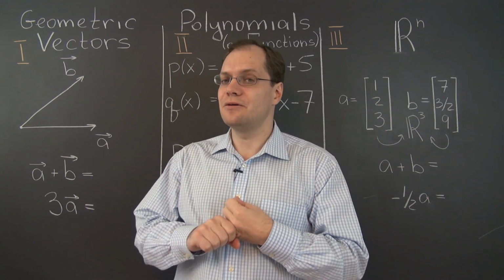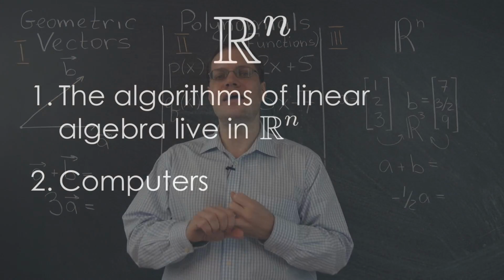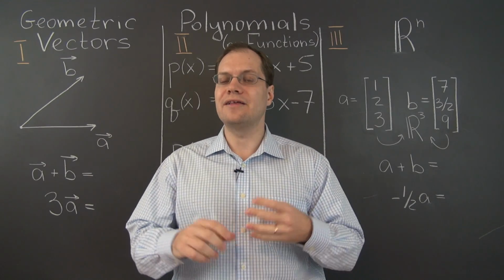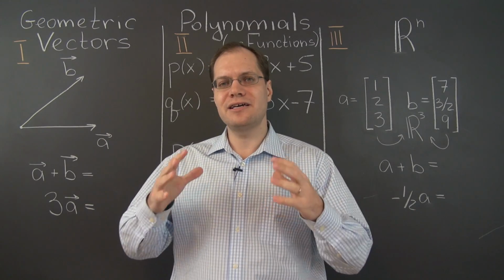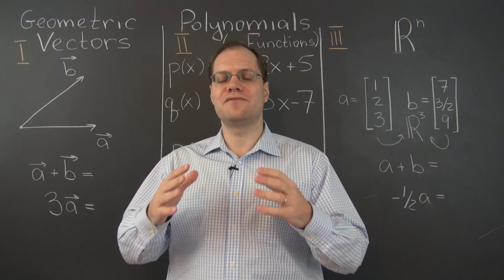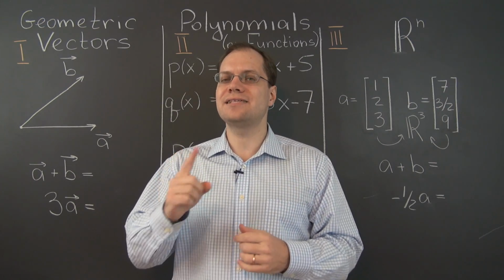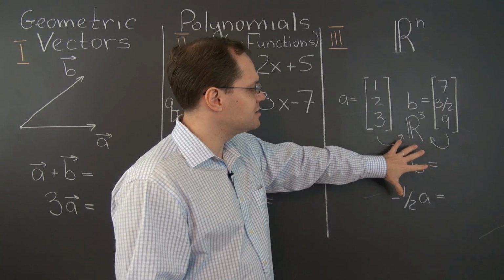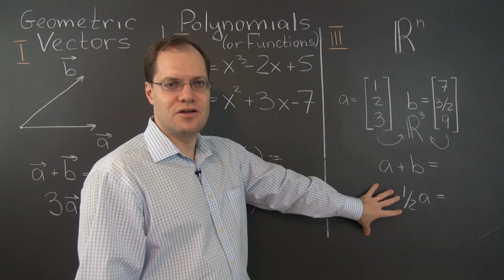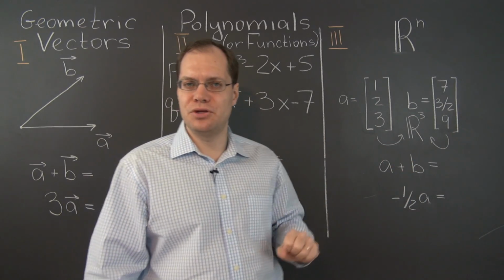Number two, computers come in handy. And computers are all about manipulating numbers. And so a computer is particularly helpful if you can restate your problem in terms of sets of numbers. So that's advantage or importance number two of this space. It is perfectly suited for analysis by the computer.